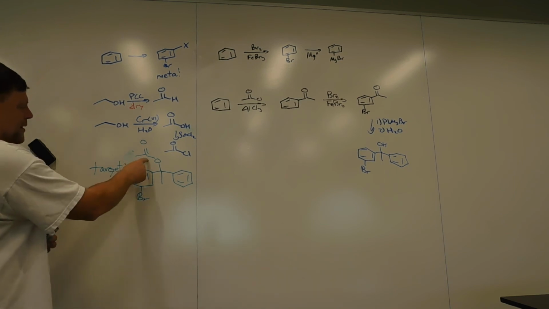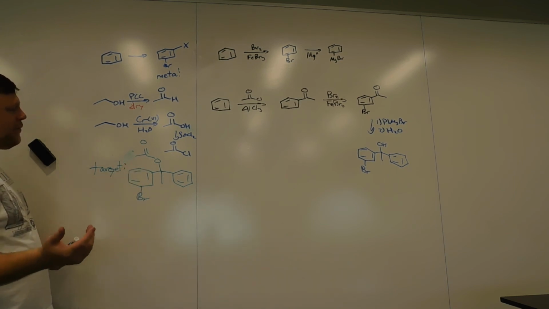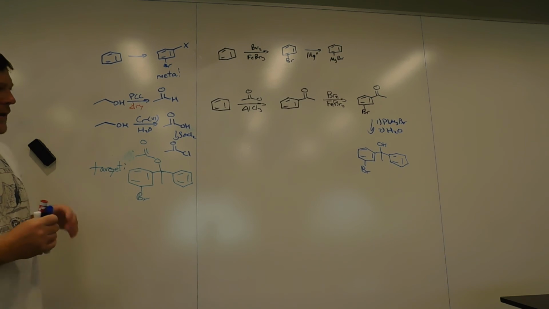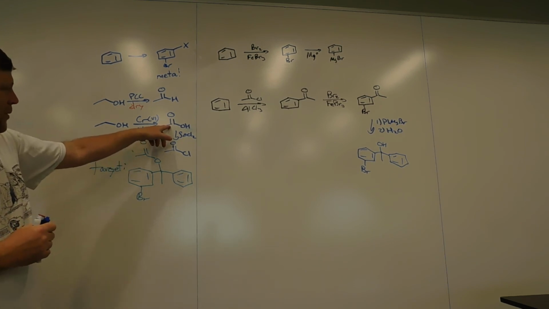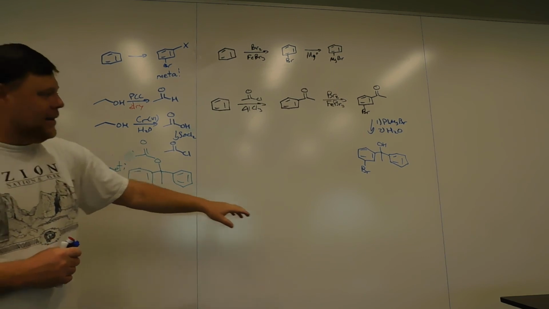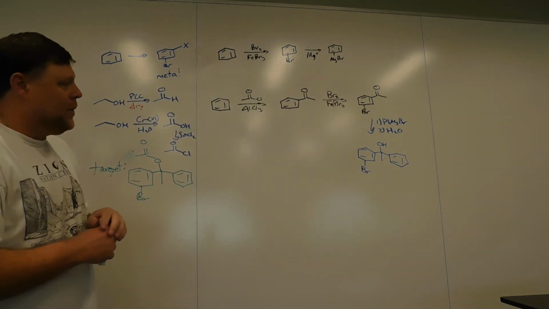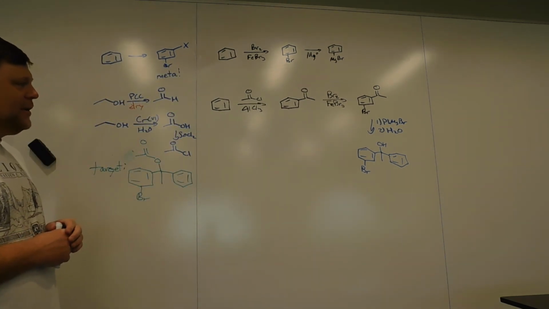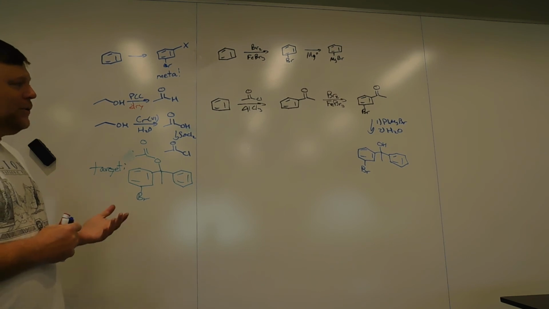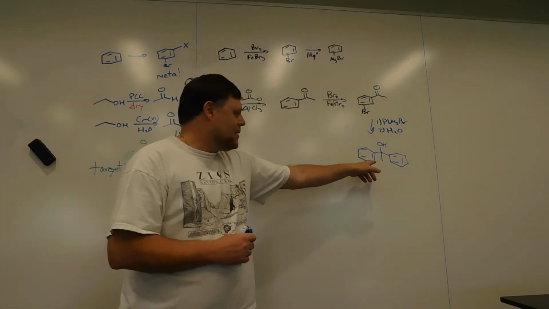Okay, so we just need to make this ester bond, and there's a couple of different ways to do that. In class, I've talked about the Fischer esterification a lot, where we would take acetic acid and this alcohol and reflux them with some acid present. What that will do, almost certainly, is an elimination here.